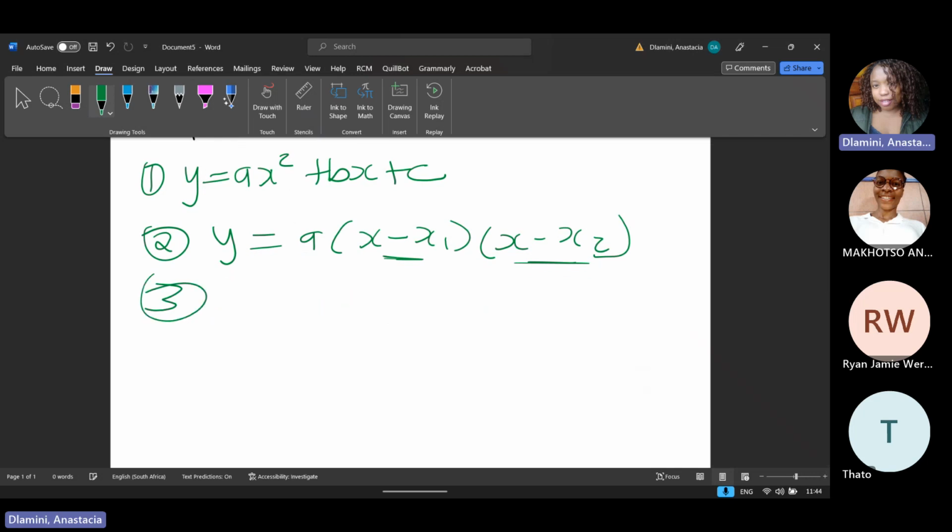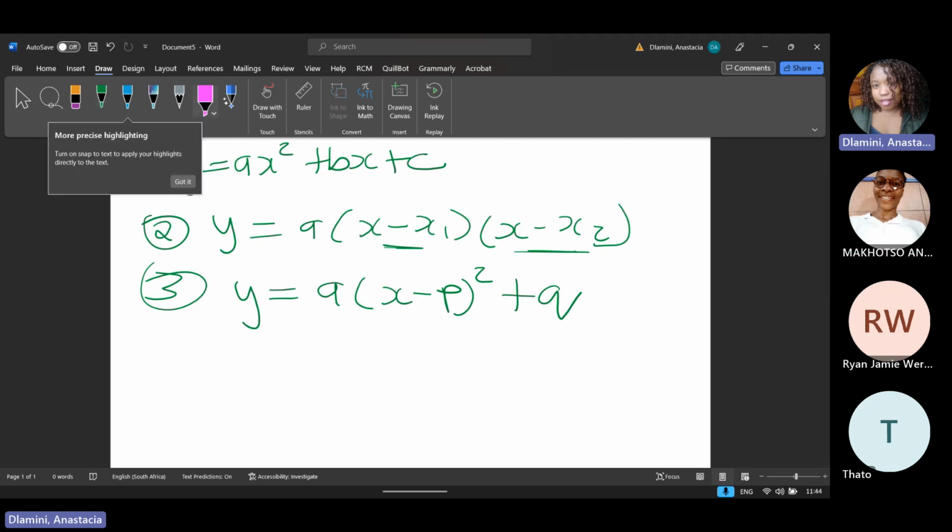Now the third one is this one that we have in assignment 2, which is y equals a(x minus p) squared plus q. This is sometimes called the vertex form. Are we all together up to that point? Yes, ma'am. Okay.